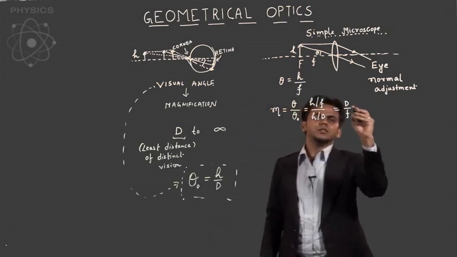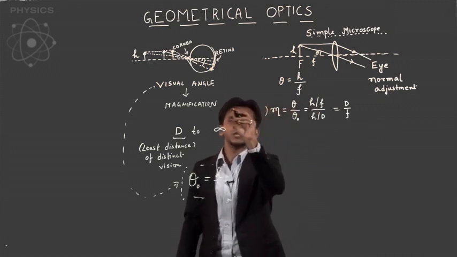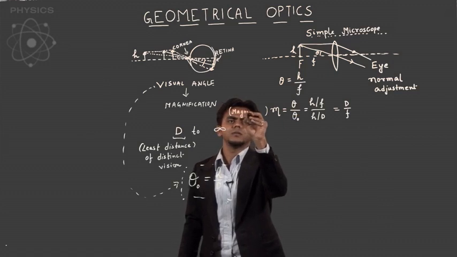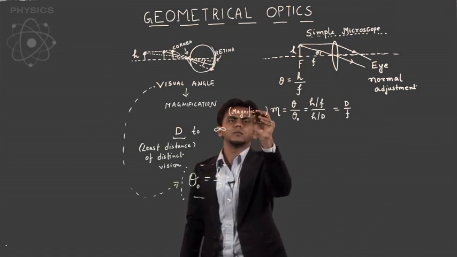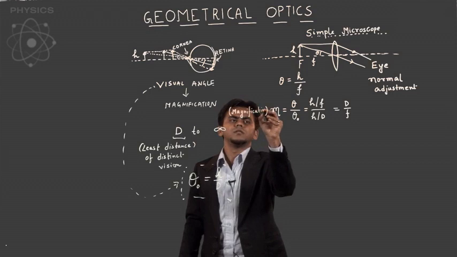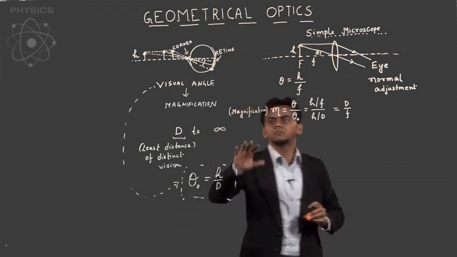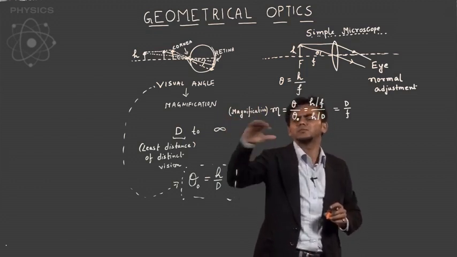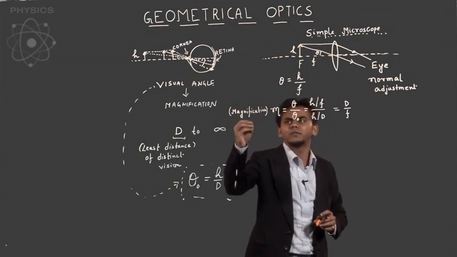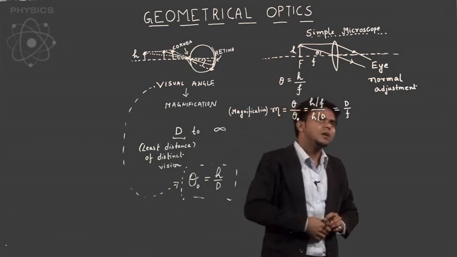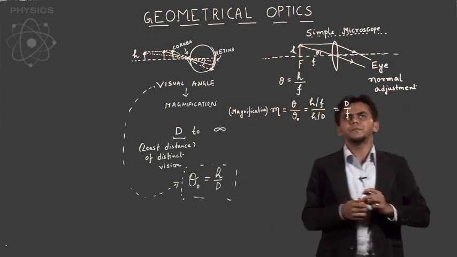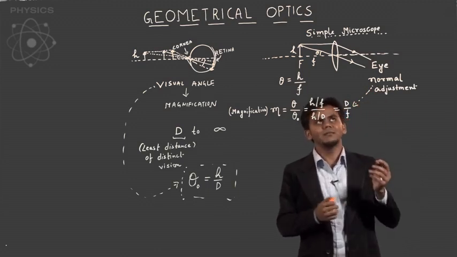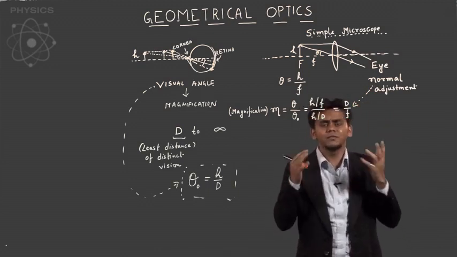I'll just write a magnification thing over here. This is your magnification. See, the idea here is you don't need to see the letters clearly, you should feel that this is magnification. And this formula is for normal adjustment, when my eye is perceiving the rays to be coming from infinity.